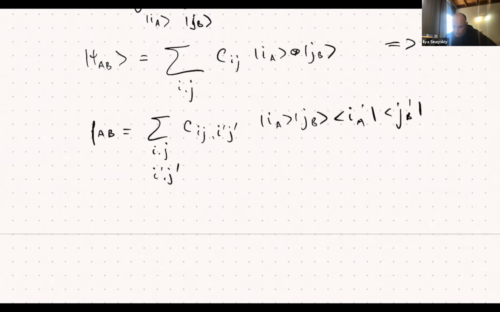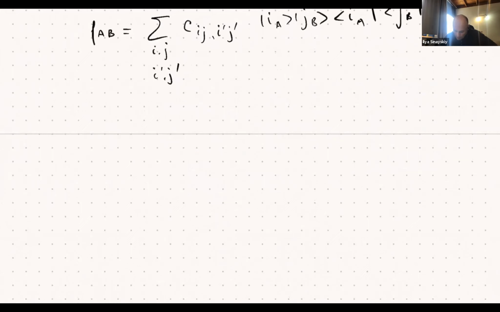Of course these numbers are chosen in such a way that all the properties of the density matrix are satisfied. Otherwise, we're not dealing with valid density matrices. Okay, and so the density matrix rho A can be defined based on this definition as the partial trace over subsystem B. So we essentially are summing up all the degrees of freedom of subsystem B in the following sense.